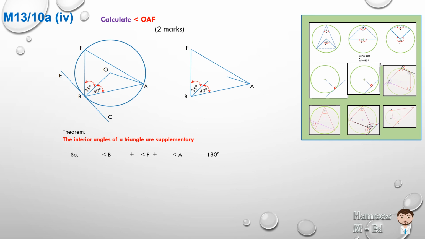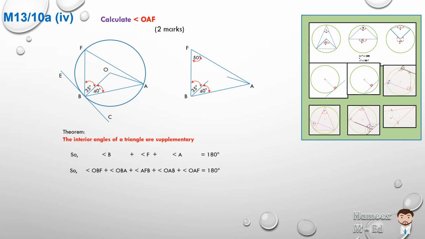But if we look at our diagram, yes, we have those 3 angles, but those 3 angles are broken up in a couple parts. So the angle at B is really the angle OBF plus OBA. And the angle at F we know is AFB, which we found as well. We know all 3 angles.